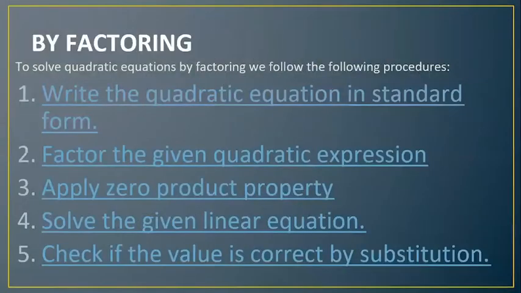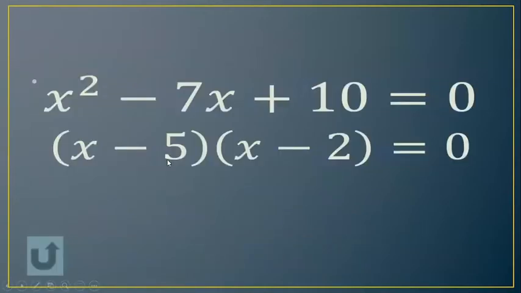After that, we have to factor the given expression. You have x squared minus 7x plus 10, a quadratic trinomial. We have to factor 10 such that the sum gives the middle term, 7. So 5 times 2 is 10, and negative 5 plus negative 2 is negative 7. That's the factor.